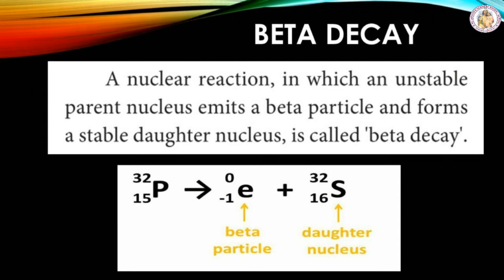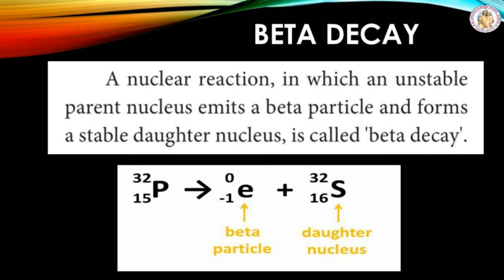Sulfur is 16 S 32. In this beta decay, there is no change in the mass number of the daughter nucleus. The mass number of sulfur is 32, and phosphorus is also 32. But there is a change in the atomic number, which is increased by 1.